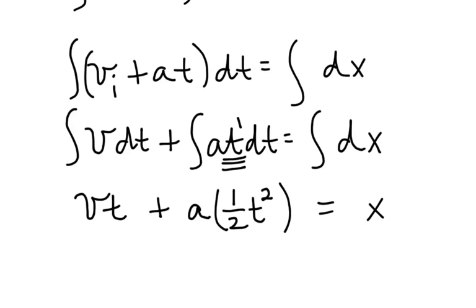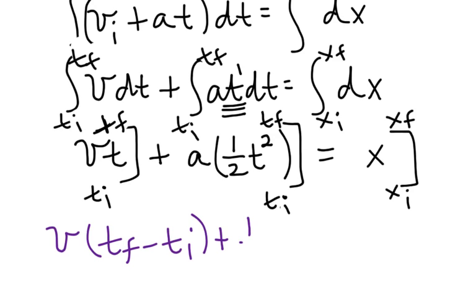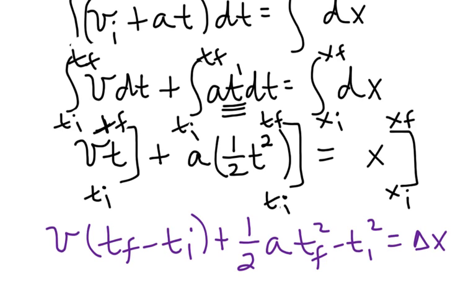Now I can always evaluate these here. Say I will go from t final to t initial. So I wrote in the limits from initials to finals here, so that I get an answer of t final minus t initial plus 1/2 a times t final squared minus t initial squared equals delta x.